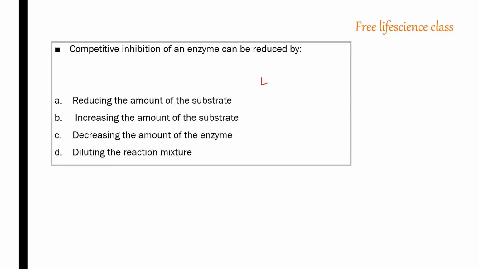Always remember that the enzyme and substrate make a complex. If there is a competitor, this competitor also competes for the substrate. So to reduce the competitive inhibition, you have to supply more amount of substrate. If you provide more amount of substrate, then there will be reduced competitive inhibition. So the answer is option B. Let's move into the next question.